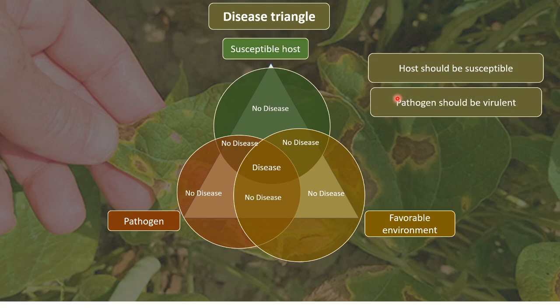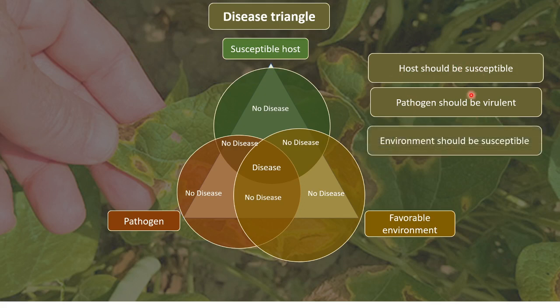There should be presence of a pathogen which should be virulent, that is, the pathogen should be active so that it can enter into the host. And there should be a favorable environment present. So if a favorable environment is present, the pathogen would be able to enter inside the host. So these three are the prerequisites for a disease to happen.